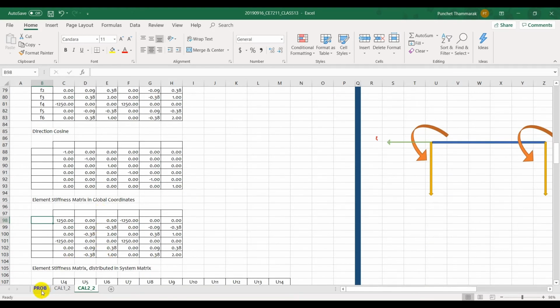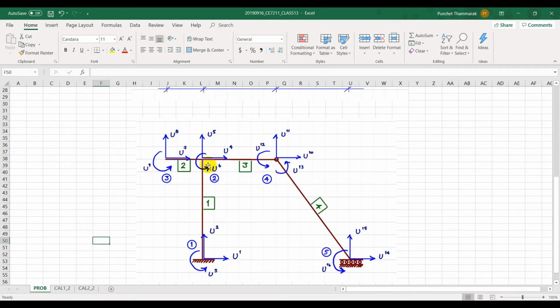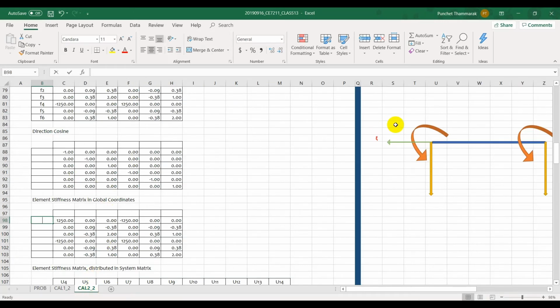So let's take a look. As the starting node is number 2 and the ending node is number 3, the order of the degrees of freedom is 4, 5, 6, 7, 8, 9. F4 and U4, sorry, I need the uppercase F. Okay, 4, 5, 6, 7, 8, 9.